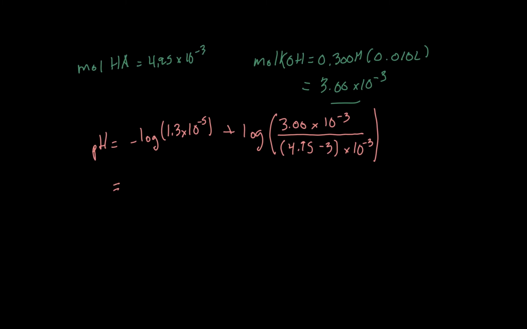And that gives us a pH of 5.07. There we go. Whoops, I just realized I never wrote it up top here, but that was 10 milliliters. 10 milliliters of titrate, and that's what it looks like. 5.07 pH.